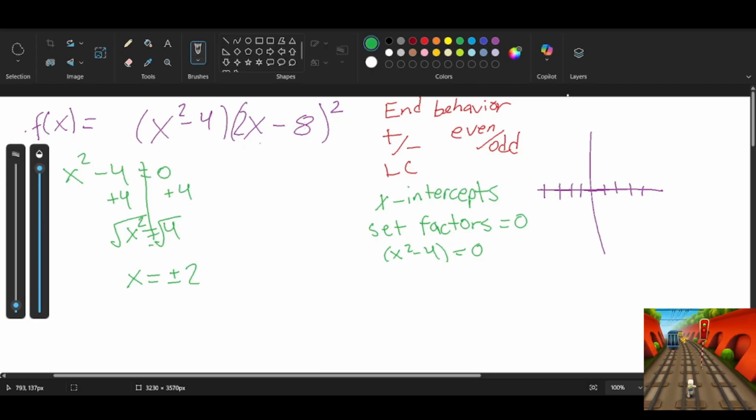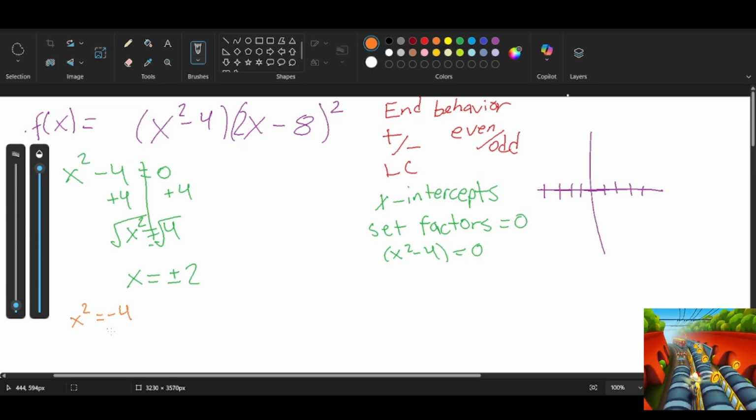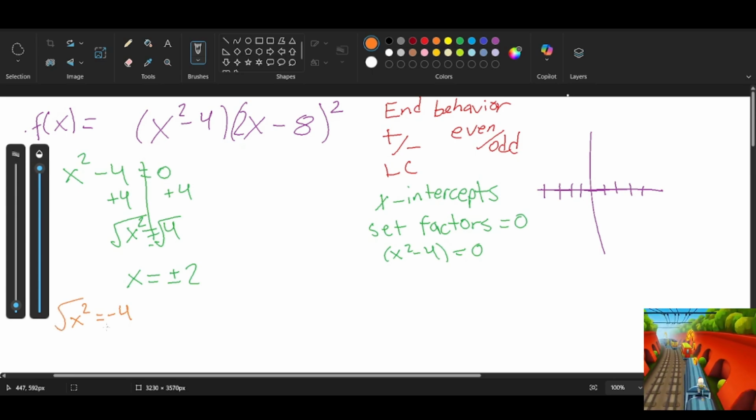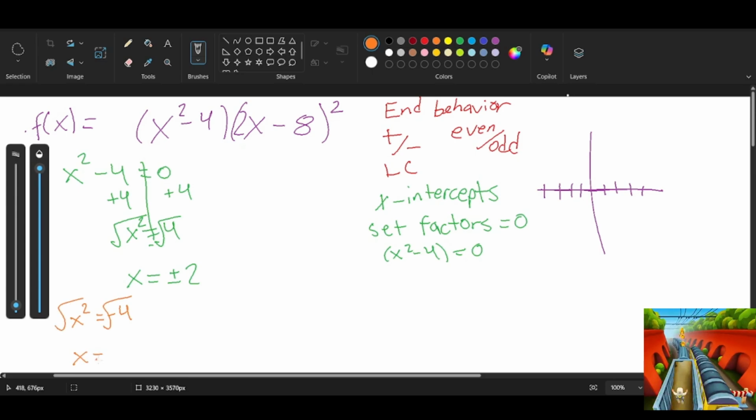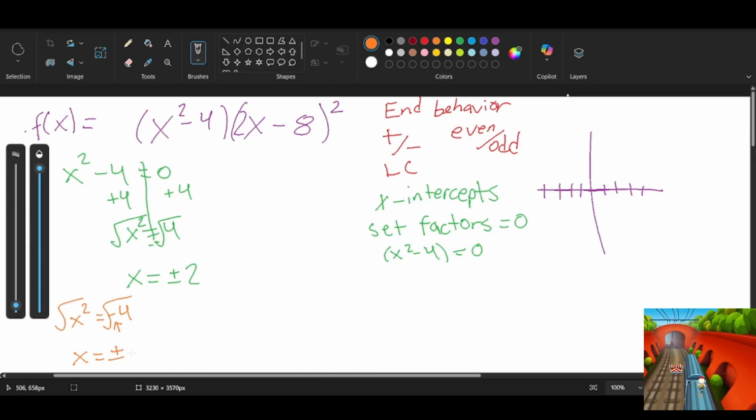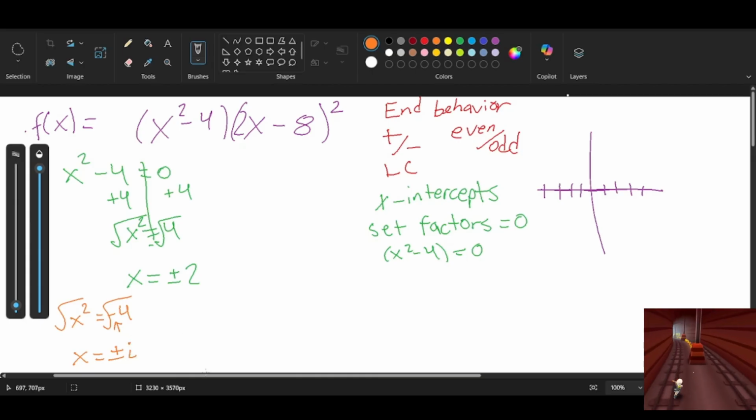So if I instead had x squared equals -4, which you might see on the test, I'd still take the square root of both sides. I get x equals plus or minus some number. But because this is a square root of a negative number, I'm going to have my i on the outside, and then the square root of 4 gets us 2.